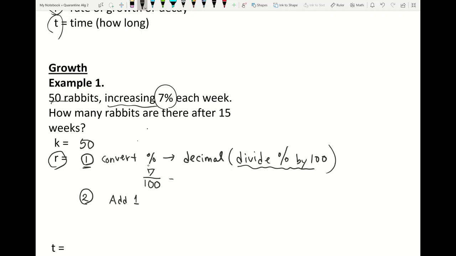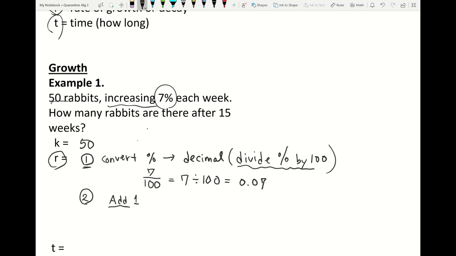So you do 7 divided by 100. It's going to be 0.07. I bet some of you knew that intuitively right away. 7% is 0.07.